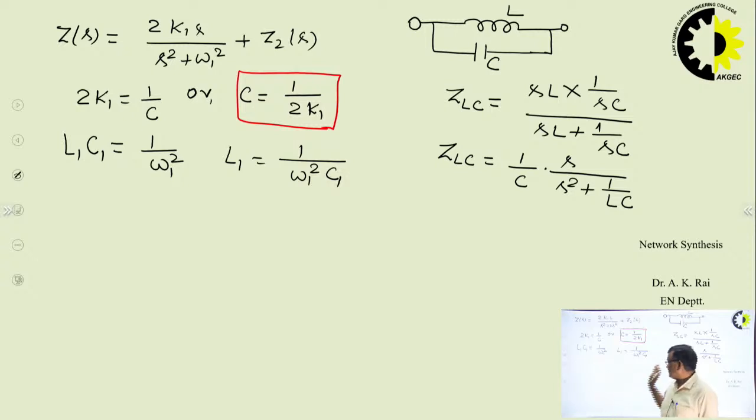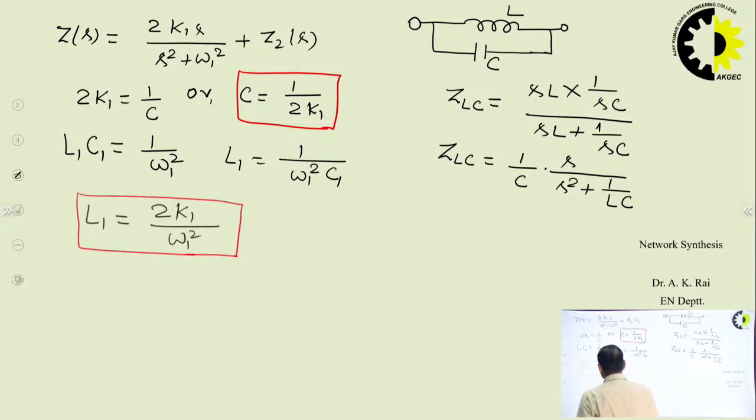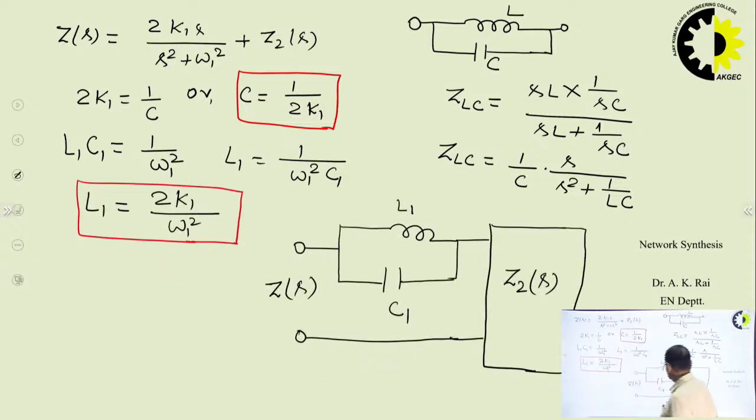So, we have seen that when we are removing conjugate imaginary poles from the network function, we are separating one LC tank. So, this is the result of removal of one complex pole.